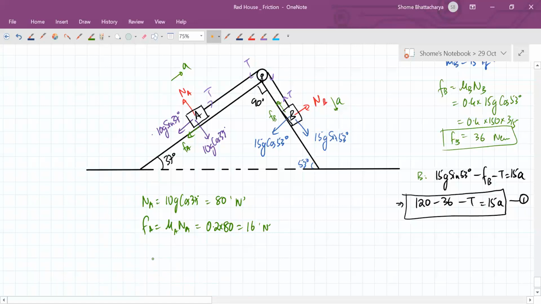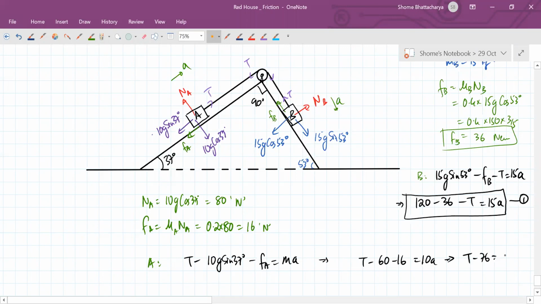So for A, the equation of motion becomes T minus 10g sine 37 minus friction is equal to mass into acceleration. So that is T minus 60 minus 16 is equal to 10a, or T minus 76 is equal to 10a.